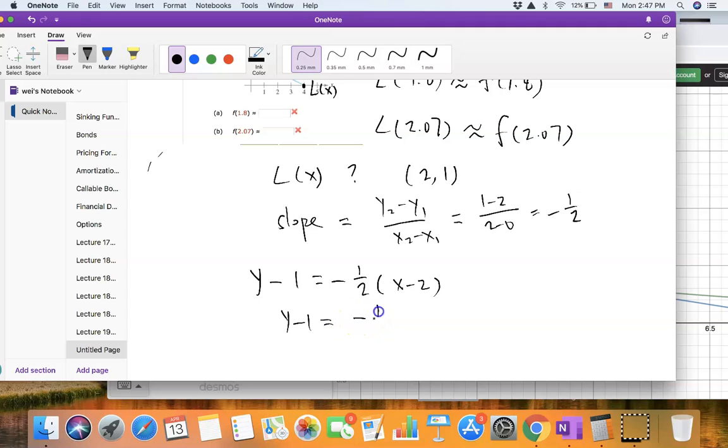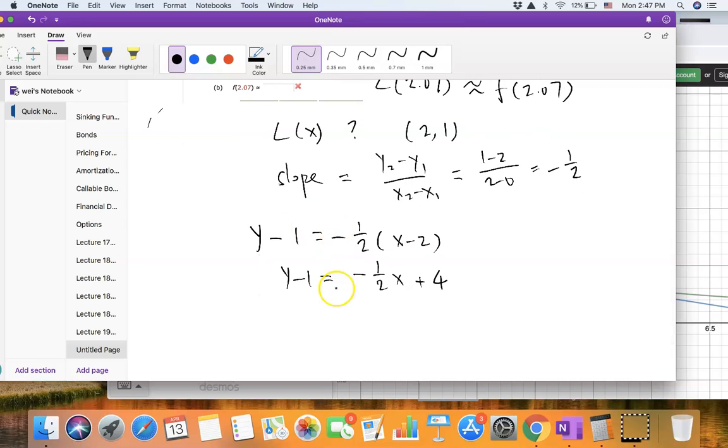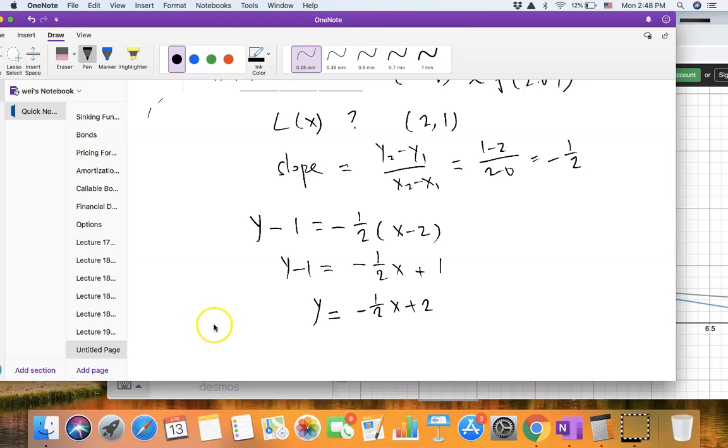If we simplify this, we get L(x) equals negative 1/2 x plus 2.